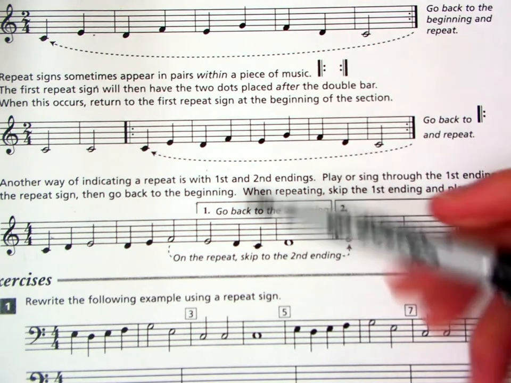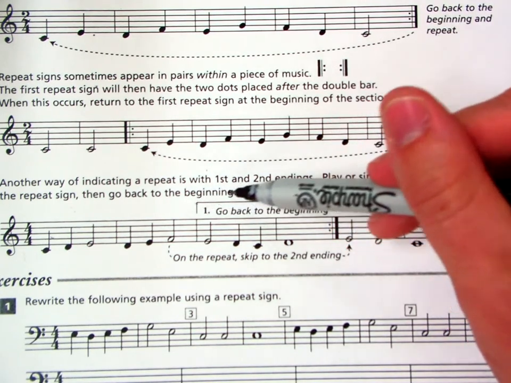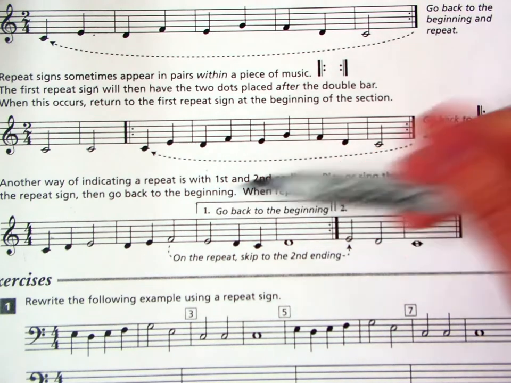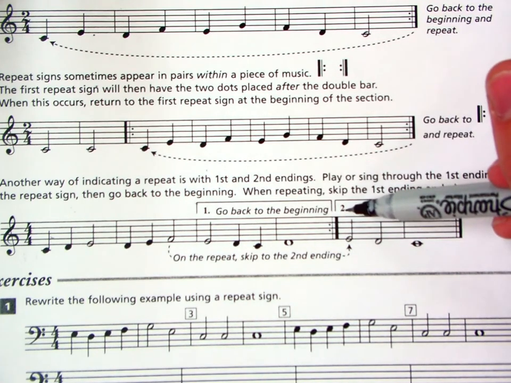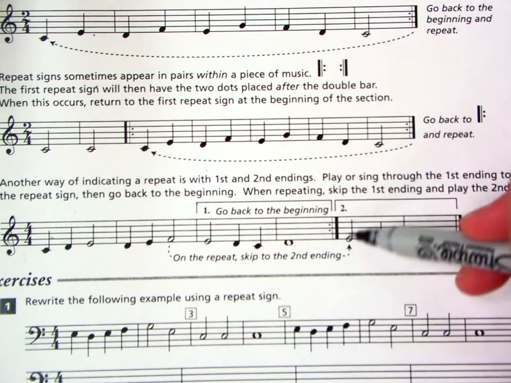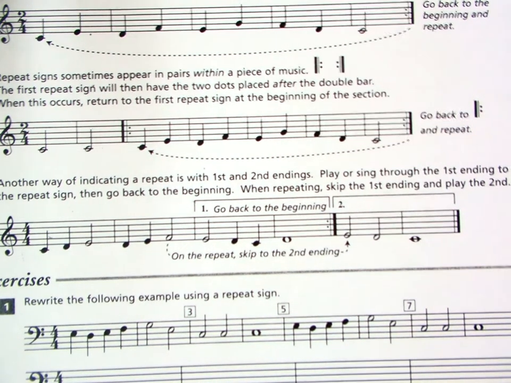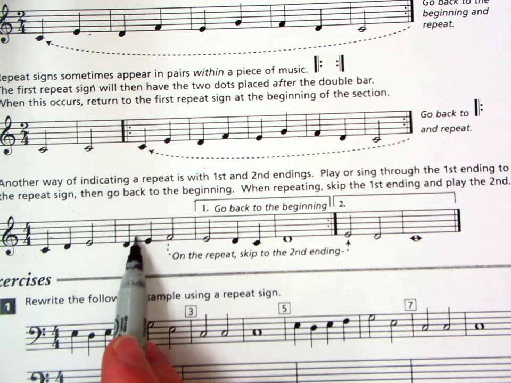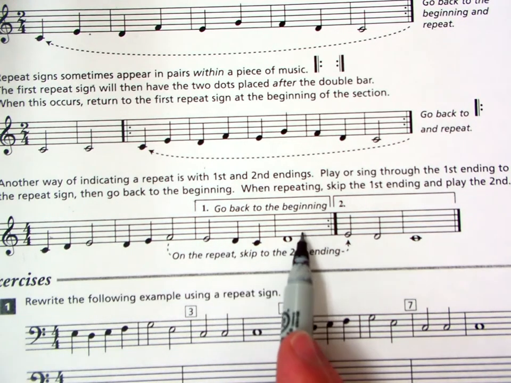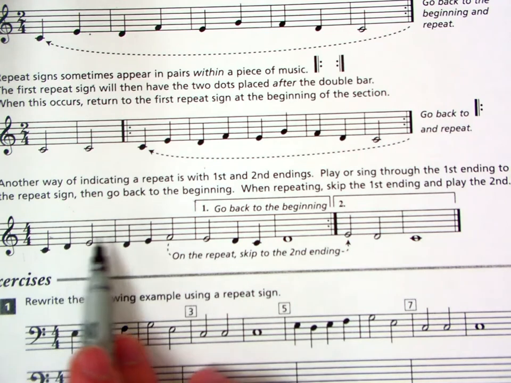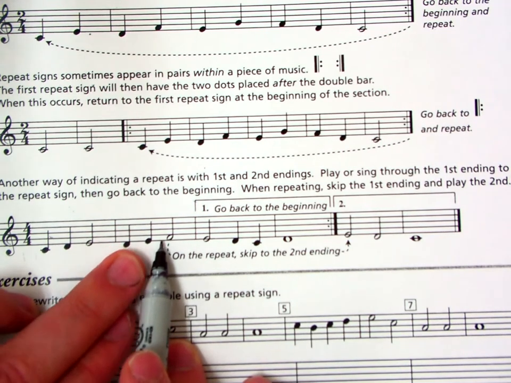So what we're looking at here are these lines above the staff, right? We have one with a 1 in it, and we have one with a 2 in it. We have a regular double bar over here, and then we have a repeat sign. So if I were performing this piece of music, I would go measure 1, 2, 3, 4, and then I have a repeat sign. Go back to the very beginning, 1, 2.